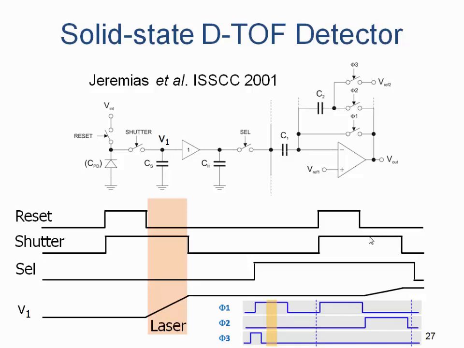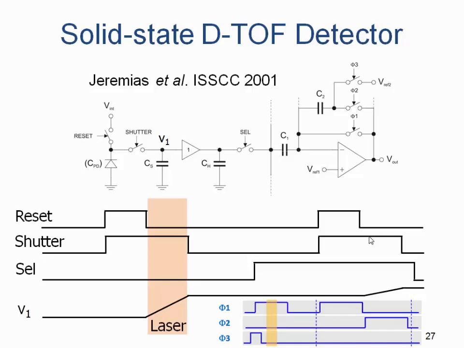The first capacitance is actually used to convert the laser light, in this case, into a current that is then accumulated as a voltage given by this ramp. Now, the second capacitance is used to actually subtract that original voltage that is due to the signal from the background. So the second time you do a similar exposure, but in absence of the laser light.